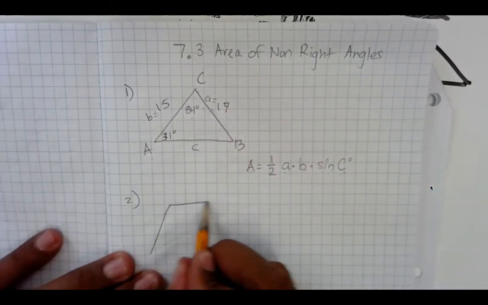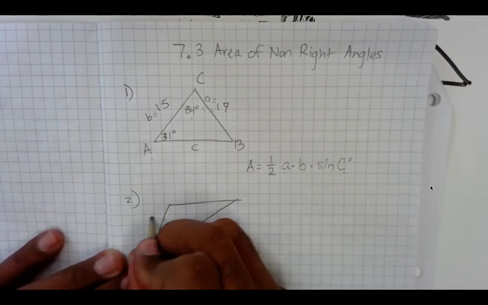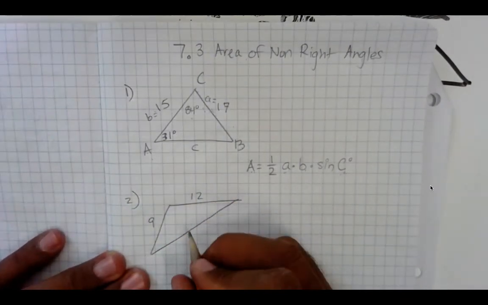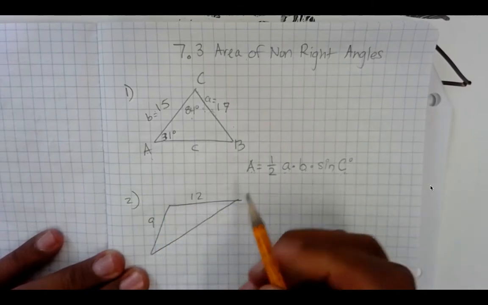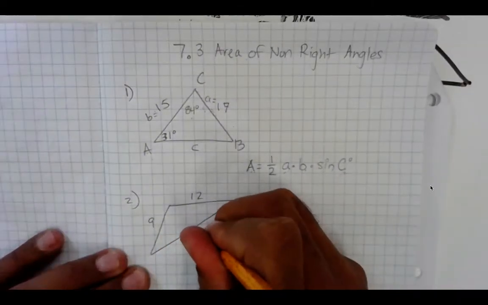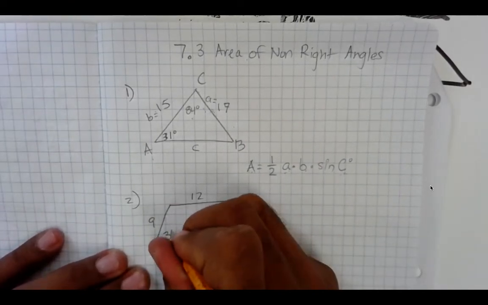All right, here's another triangle that's in those notes. It'll say 9, 12, and it's flat on top and kind of arcs down on the bottom. Then this is 14, and this angle will be 36.